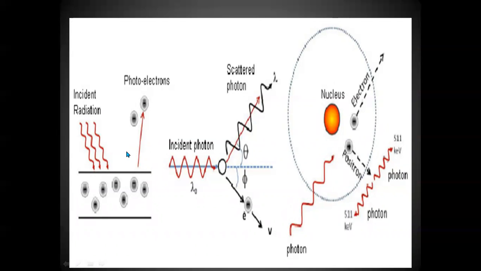As I told you just now, the photoelectric effect is the effect in which a few radiations are concentrated on the surface of a metal like cesium or any alkali metal. Then we see that a few electrons are ejected or removed from the surface of the metal.